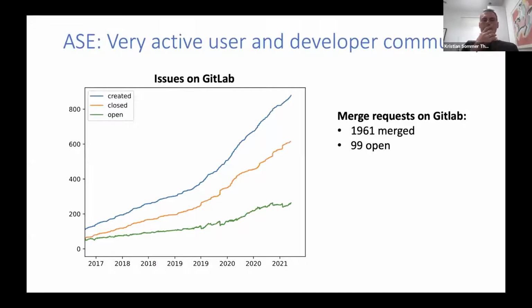Okay, it's a very active user and developer community, as you can see here. These are the number of issues on GitLab that have been created recently and closed, and some are still open. And the number of merge requests for ASE on GitLab is approaching 2,000.